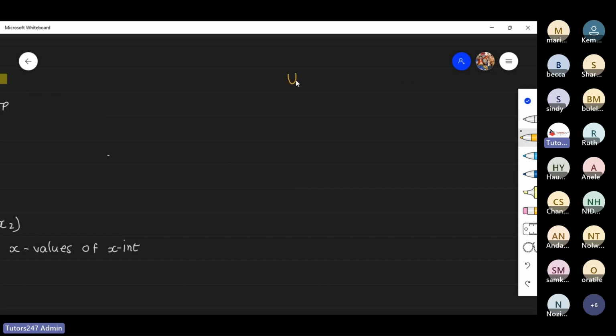So we're going to write down our form, which is A into x minus P squared plus Q. Now, we have our coordinates of D, which is (1; 8). So P is going to be 1. Q is going to be 8, because keep in mind I previously mentioned that P represents the X value of your turning point, whereas Q represents the Y value of your turning point. We also know that A is equal to -2.